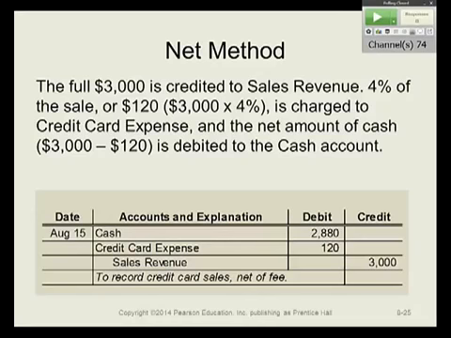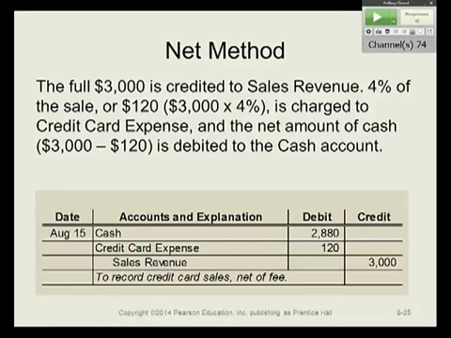The 4% is the fee, or $120, and I'm going to collect $2,880 maybe in a couple of days, but I recorded this cash right now. I know I'm going to get it. So I record it immediately, and I deduct the fee, and it's only a day or two, as I said, typically, and you debit the credit card expense and credit sales for the full amount. That is what we mean by the net method. You deduct the fee immediately on the date of the sale, which was August 15th.